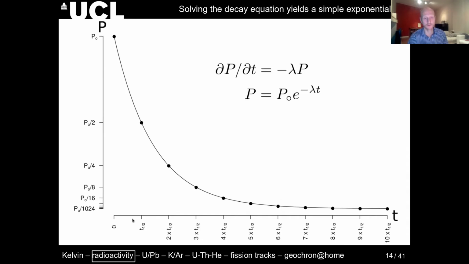There's a one-to-one relationship between the half-life and the decay constant. The half-life is easier to relate to because it has units of time. The decay constant has units of time to the -1, which is not so intuitive. So people tend to think in terms of half-lives instead of decay constants.